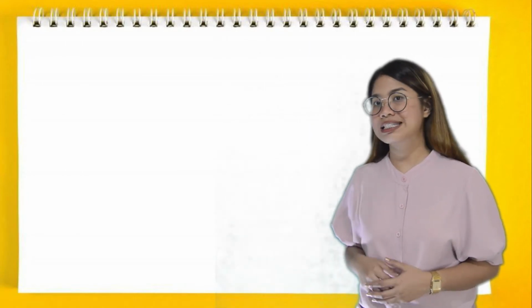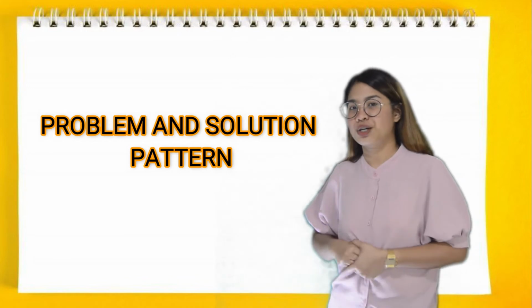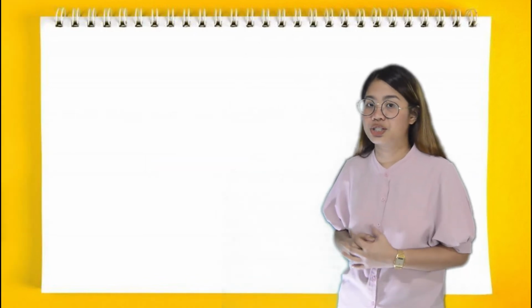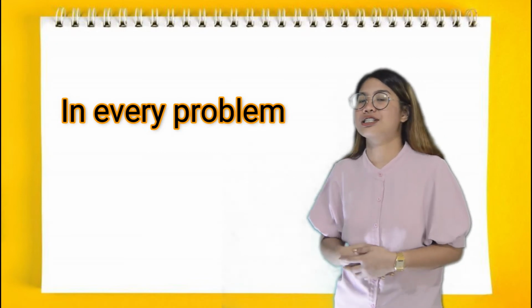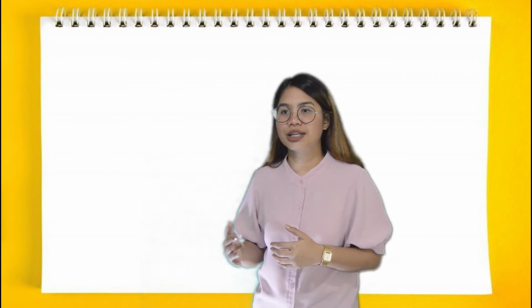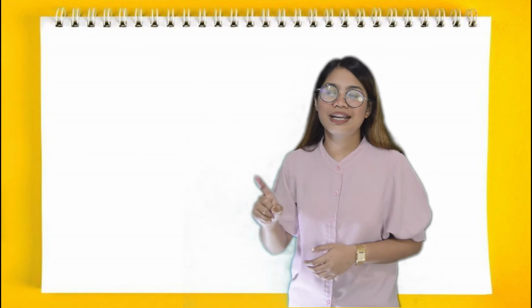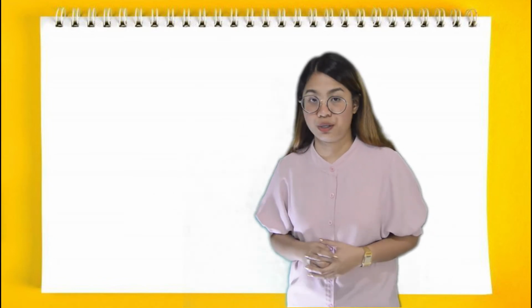So the seventh pattern is the problem and solution. There is a famous cliche that in every problem there is always a solution. Well, this pattern divides information into two main sections: one that describes a problem and one that describes a solution.